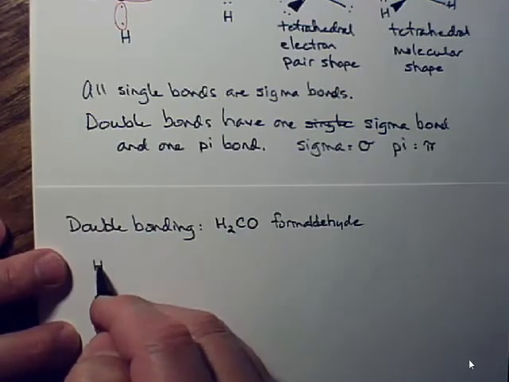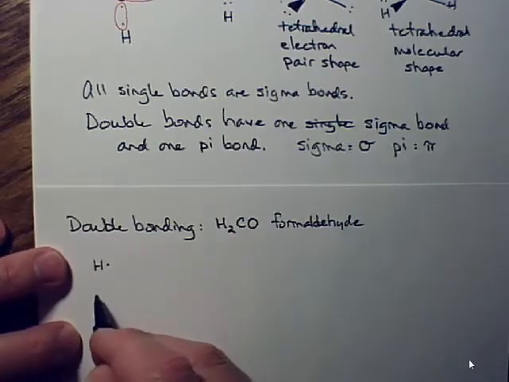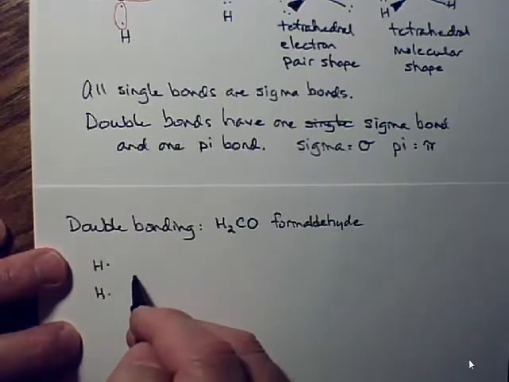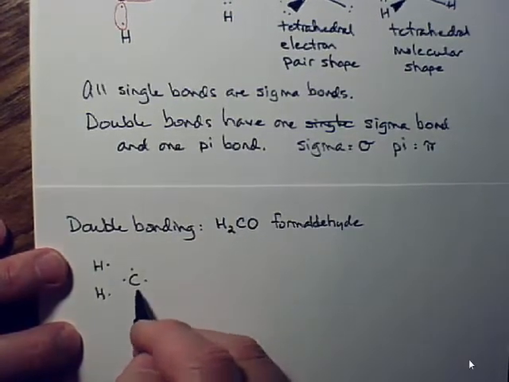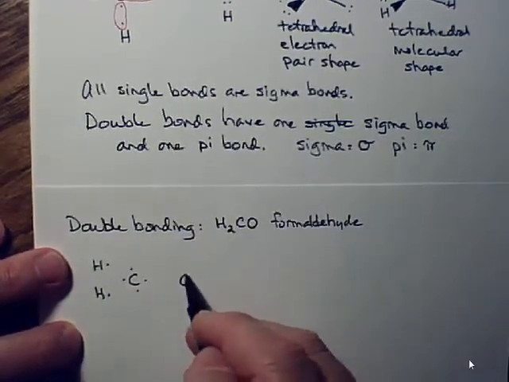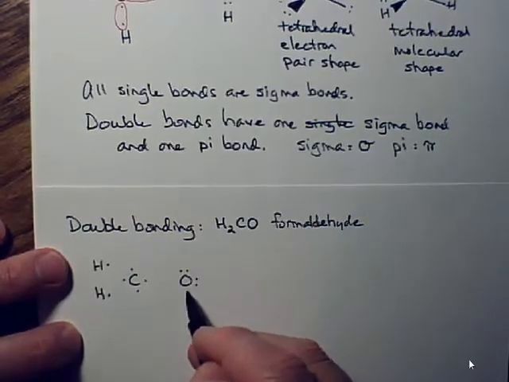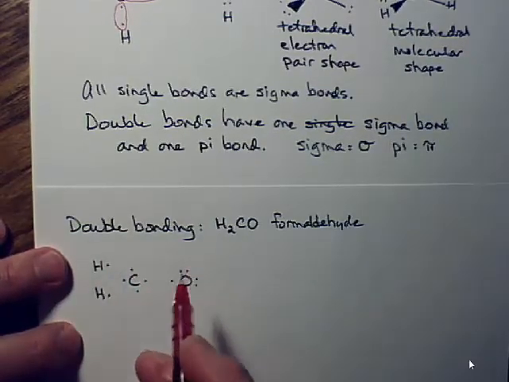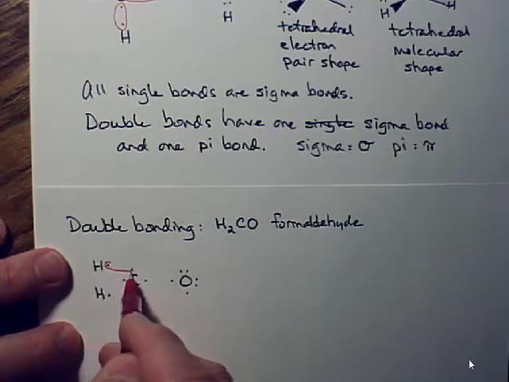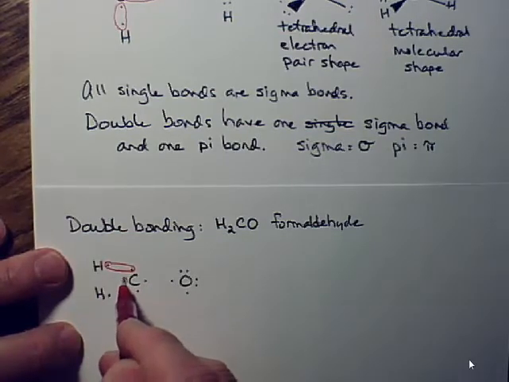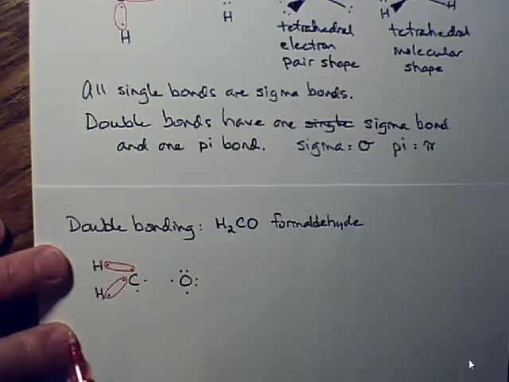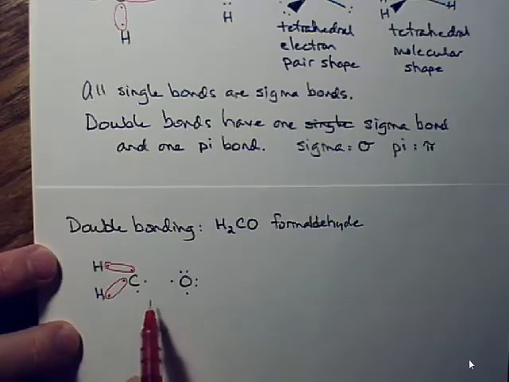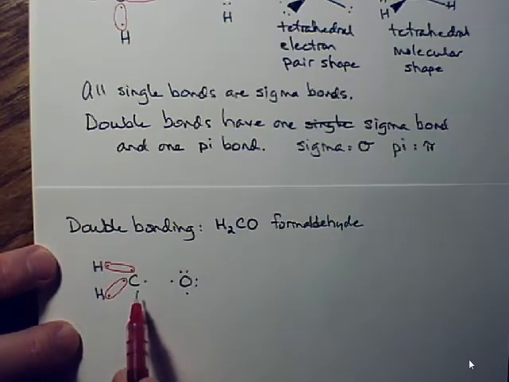Okay, all right. So let's see. Let's do our Lewis dots here. Hydrogen only needs 1 dot. Carbon needs 1, 2, 3, 4 dots. And oxygen needs 1, 2, 3, 4, 5, 6 dots. Okay. We do the sharing arrangement. I can share these 2 electrons here and these 2 here. And hydrogen only needs 2. Carbon needs 8.